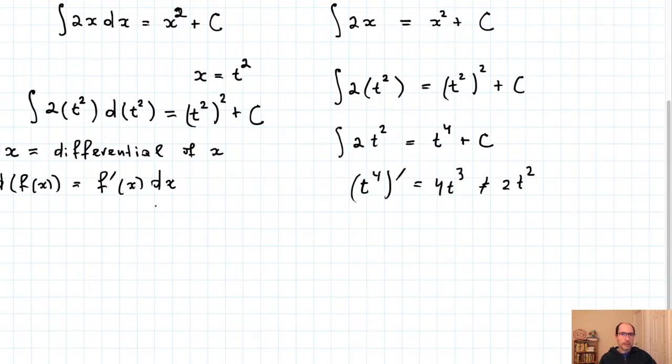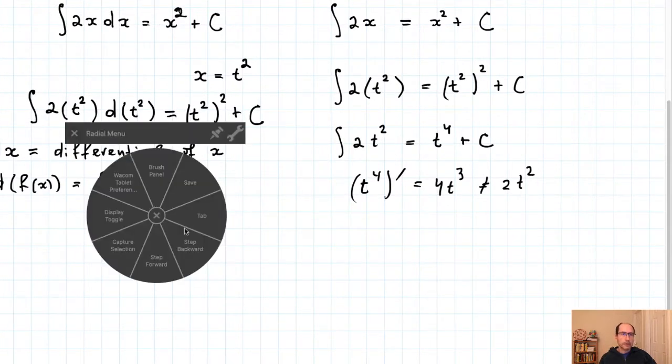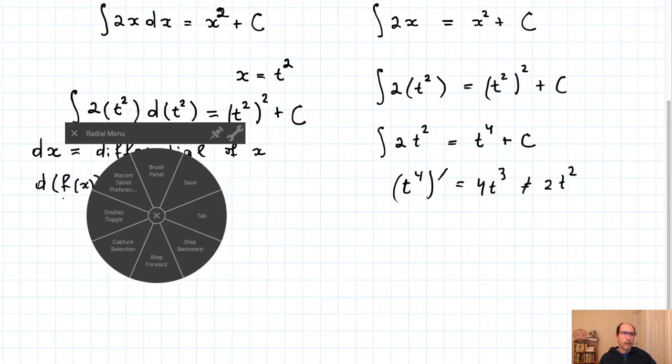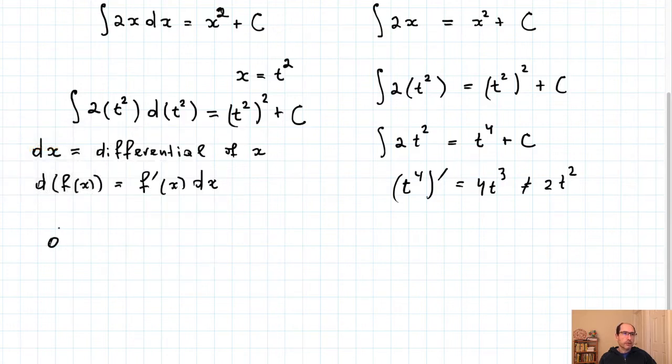In our case, we need to calculate the differential of t squared. The differential of t squared is equal to the derivative of t squared multiplied by dt. The derivative of t squared is 2t, and therefore the differential of t squared equals 2t multiplied by dt.